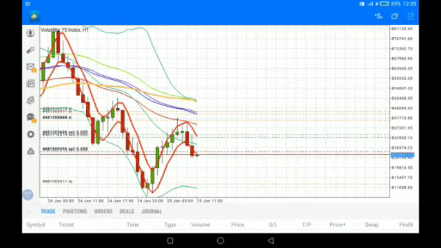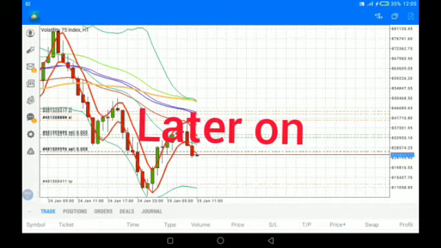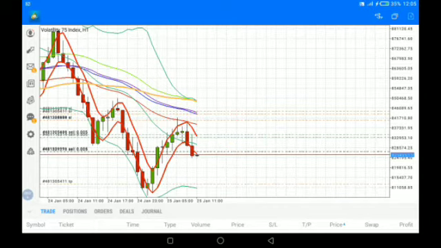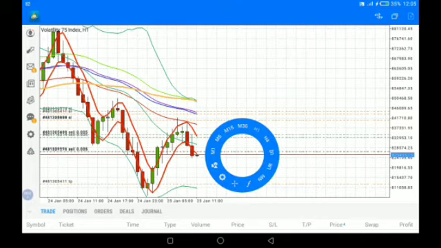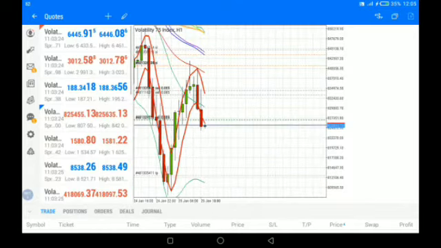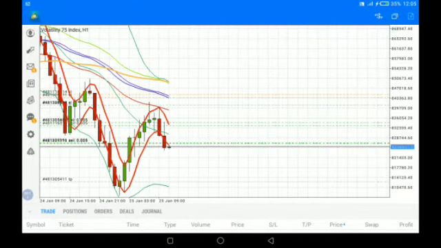All right, so this is what the chart looks like now. This is what it looks like in the last 1 hour candle. This is how it closed. You can see how the last 1 hour candle closed. It closed this way.